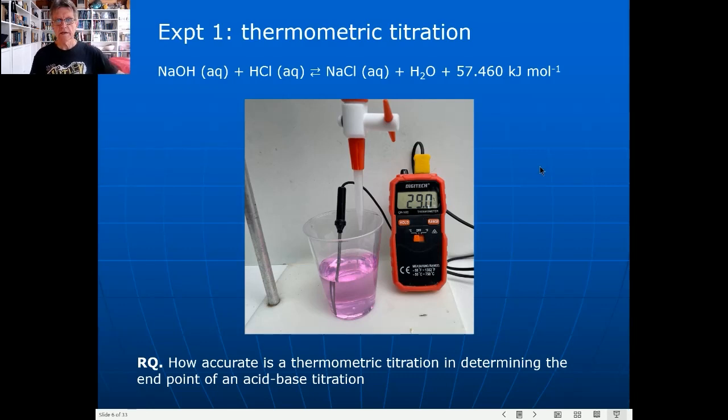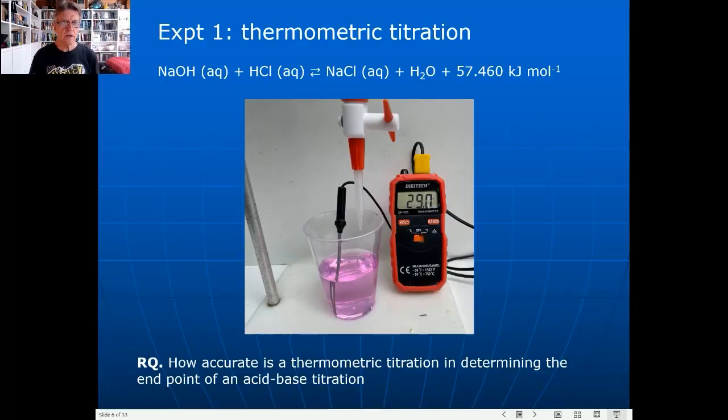Now that little meter is just this one here. I'll just show it to you. It's just a digital thermometer. Now that reads to 1 decimal place, and it's a little bit more accurate than a glass alcohol in glass thermometer, which would only read to the nearest half division, so that's plus or minus 0.5 of a degree.